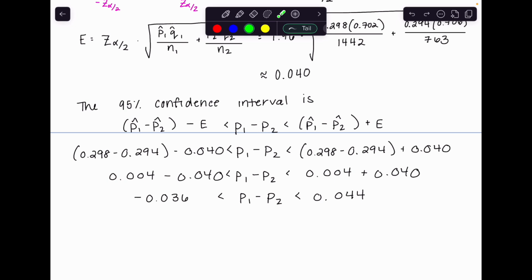And likewise, if this one was negative, that tells me the difference between them is negative. And so that would mean this has a higher proportion than this one, okay?